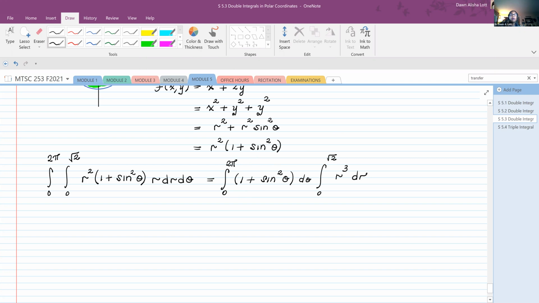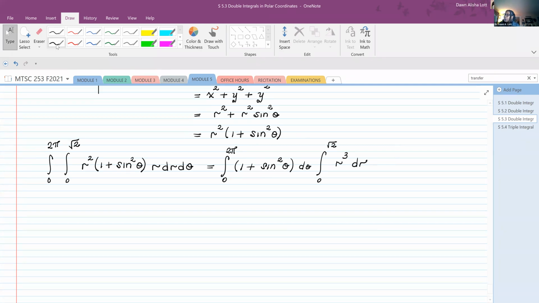Okay, so that's not a hard integral. The first piece is the integral from 0 to 2 pi of 1 plus 1/2 minus 1/2 the cosine of 2 theta, d theta, and then this becomes r to the 4th over 4, evaluated between 0 and the square root of 2.